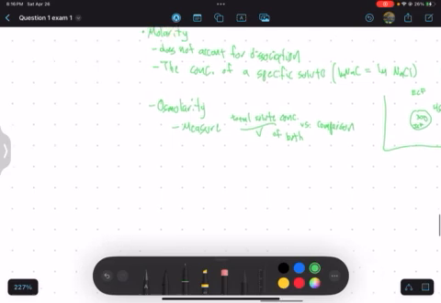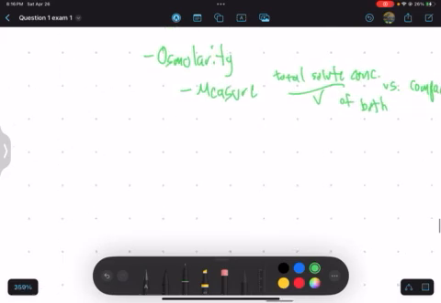Now let's teach you a little bit about tonicity. Tonicity is the effect a solution has on a cell.